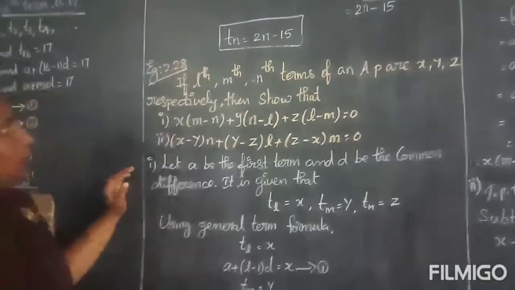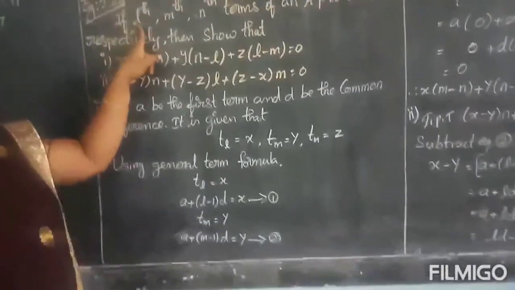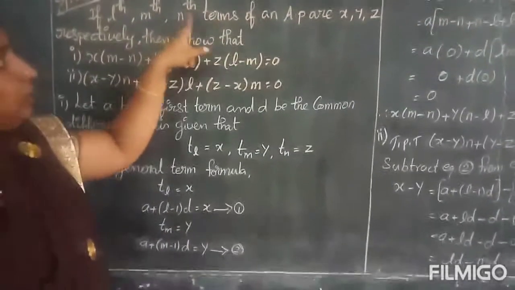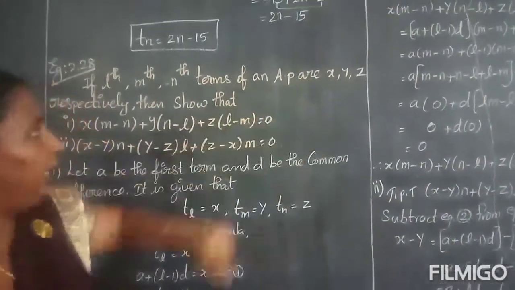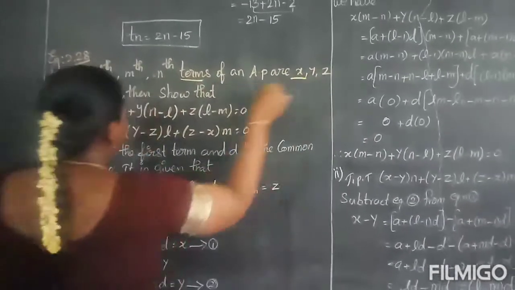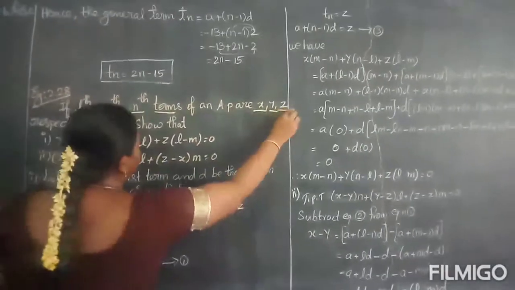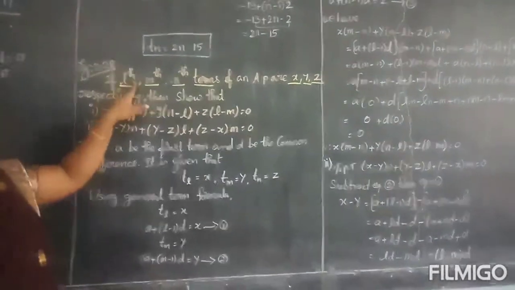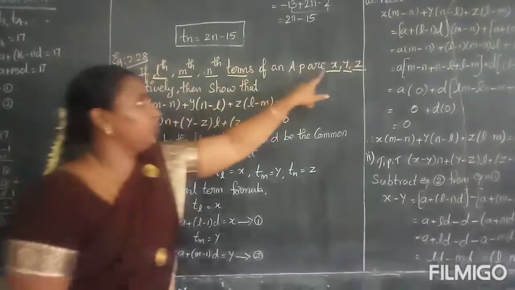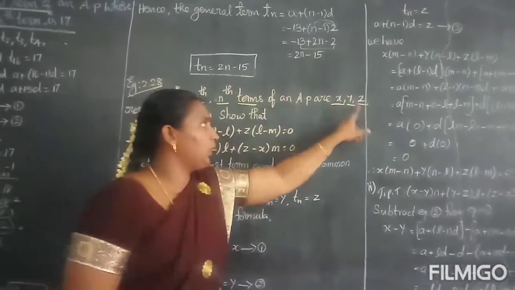Okay. Next, moving on to example 2.28. If the Lth, Mth and Nth terms of an AP are x, y, z, so the Lth term is x, the Mth term is y and the Nth term is z. That is Tl, the Lth term, we write Tl equal to x, Tm equal to y and Tn equal to z.